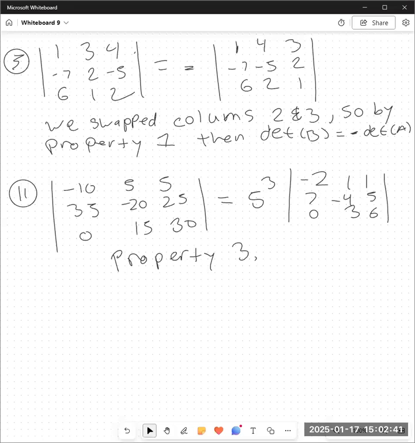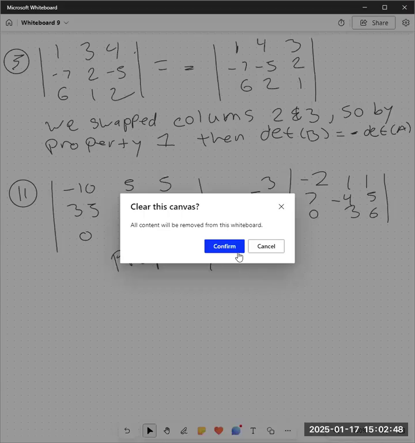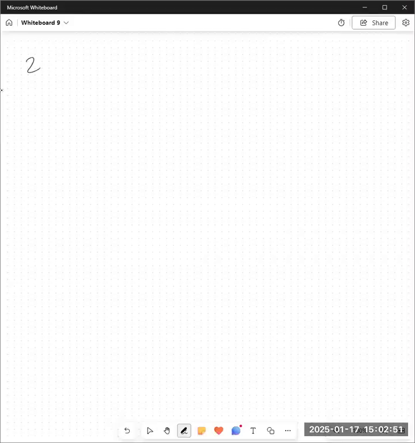Let's go on now to number 23. It tells us to use either elementary row or column operations or cofactor expansion to find the determinant by hand. And then you can use a software program like the Desmos matrix calculator or your TI-84 calculator to verify your answer.